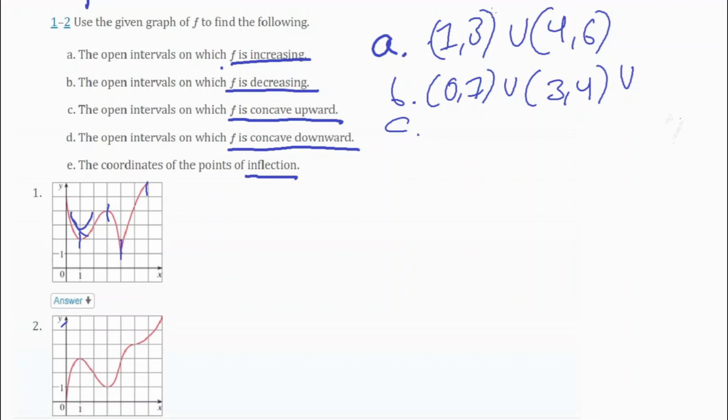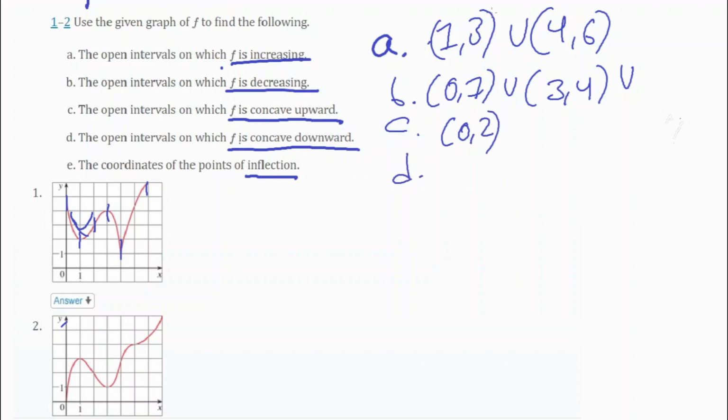A good thing to know is that when a sharp corner appears, the limits from both sides are not concave in the same direction, which means the function is not differentiable. So we depicted that it's concave up on this interval, which is 0 to about 2. That is the only interval where it's concave up.